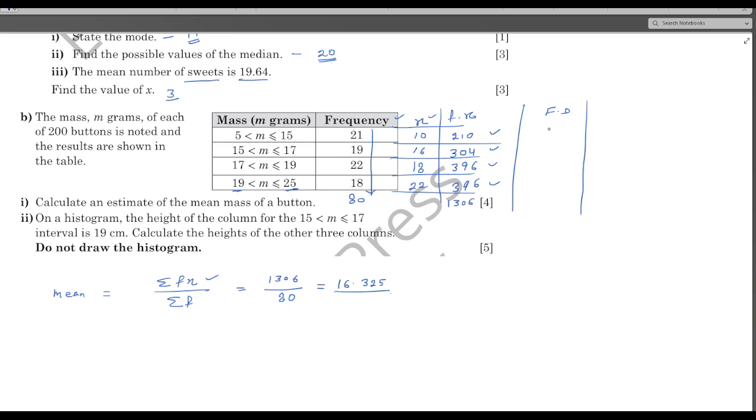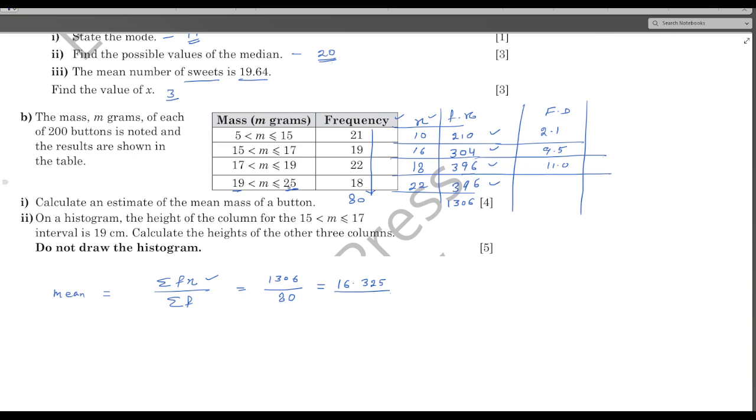So 21 divided by 10 gives me 2.1. Then 19, frequency is 19. 19 divided by 2 will give me 9.5. And then 22 divided by, again from 17 to 19 it is 2. So 22 divided by 2 is 11.